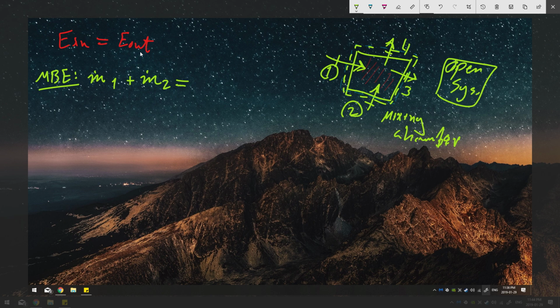Now we're talking about the E out. We already mentioned the E in, what's flowing into the system. Now we have to understand what is flowing out of the system when it comes to mass. What is flowing out? 3 and 4. You can see the arrows pointing out of the system, crossing the boundary. So M dot 3 plus M dot 4. That's our mass balance equation. This is what's coming in when it comes to mass, and this is what's going out.